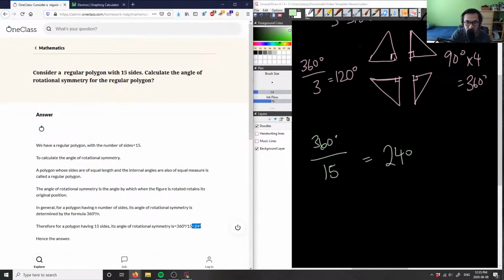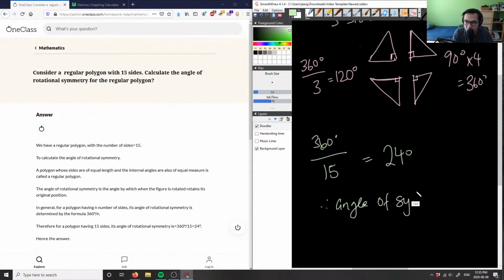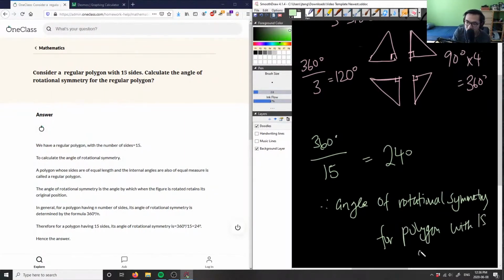And as you can see, this solution is correct as well. Therefore, the angle of rotational symmetry for a polygon with 15 sides is 24 degrees, and this solution is correct.